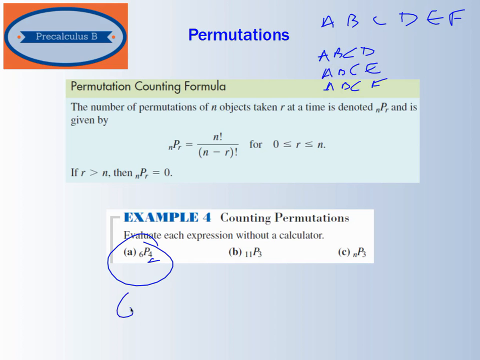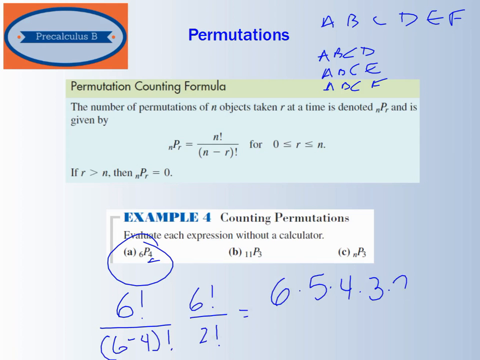This is going to be 6 factorial divided by 6 minus 4 factorial, or 6 factorial divided by 2 factorial, which is just going to be 6 times 5 times 4 times 3 times 2 times 1 all over 2 times 1. Well, the 2's and 1's are all gone.